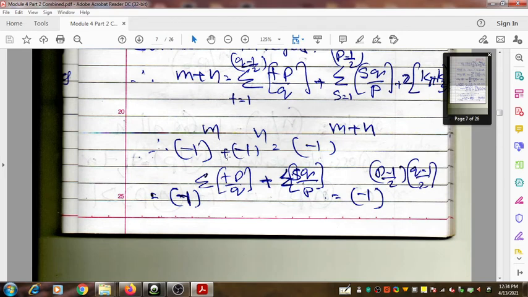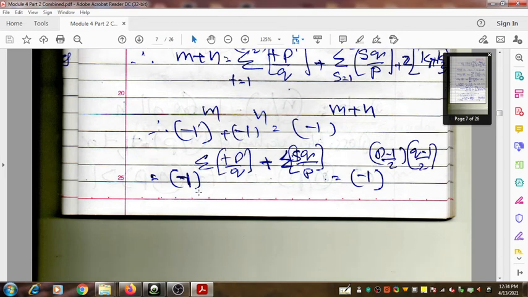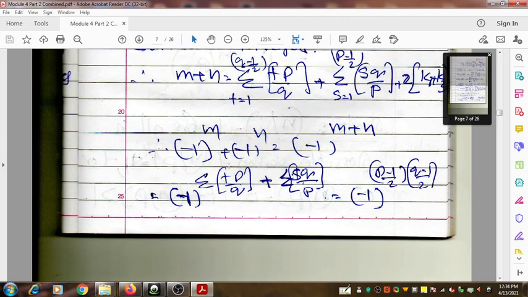Therefore minus 1 raised to m into minus 1 raised to n, this is a multiplication, equals minus 1 raised to m plus n, equal to minus 1 raised to the sum of sigma [tp/q] plus sigma [sq/p].